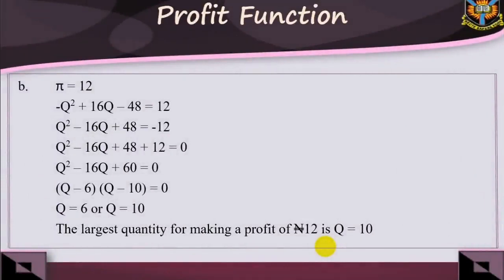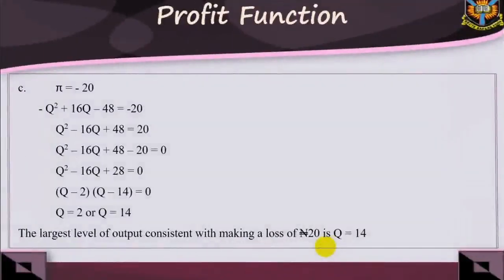Q squared minus 16Q plus 60 equals 0. Q minus 6 in bracket times Q minus 10 in bracket equals 0. Q equals 6 or Q equals 10. The largest quantity for making a profit of 12 naira is quantity 10.